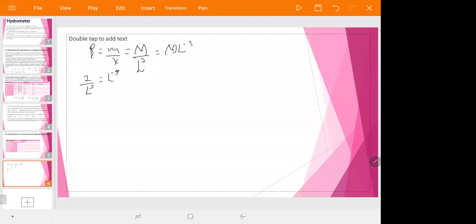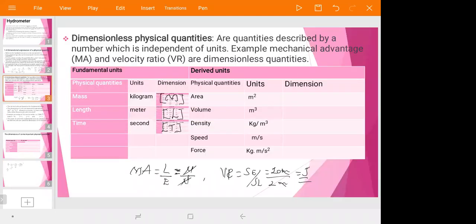So here you multiply, this one becomes 1, and the above becomes M L to the negative 3. It is brought up by this mathematical concept. What about now? Have you understood? Yes, it's clear. Okay, thank you.